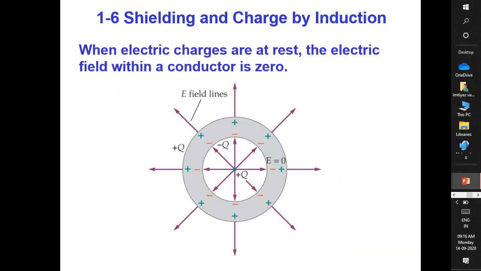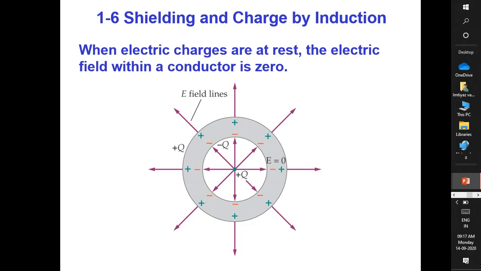Now, when the electric charges are at rest, what will happen? The electric field within a conductor is zero.